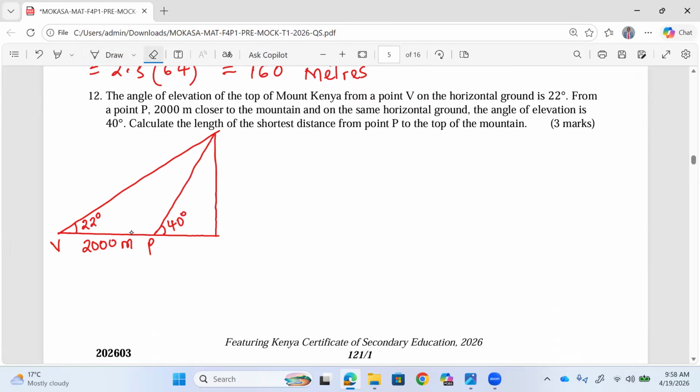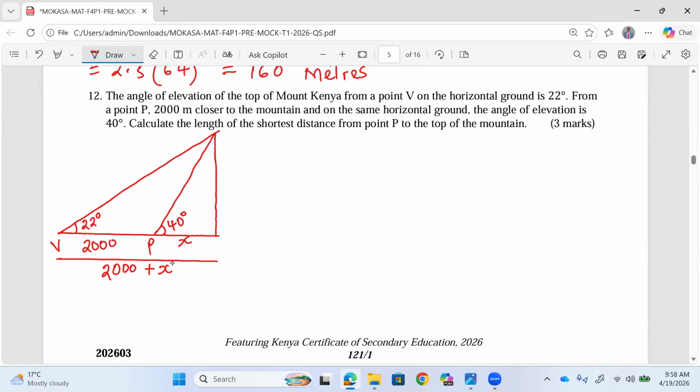Therefore, interpreting this information will mean if we let the distance from the mountain to P be x, then we can have the total distance to V, which is 2,000 plus x.